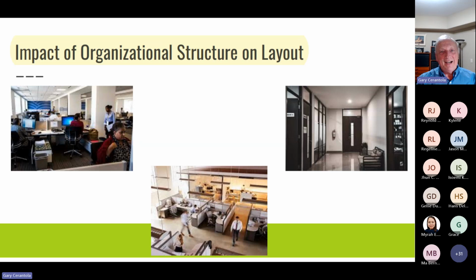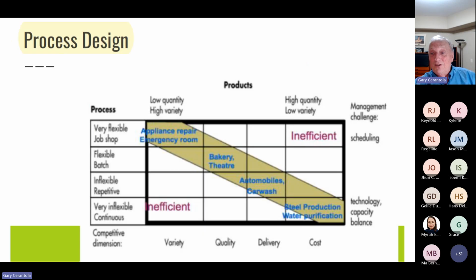And some of the things that I highlight on, you'll see one or two of these drawings, they look complicated, but I just want you to focus on what I highlighted, and maybe some of the writing that's in there, and I'll lead you through that. But what you really need to worry about for the test, I guess, is the impact of organizational structure on layout, because it's part of the same thing. And that's the connection that I want you to make.